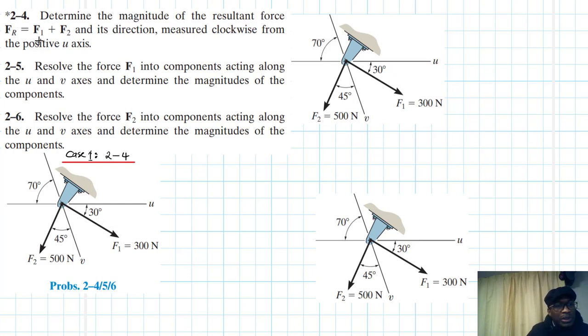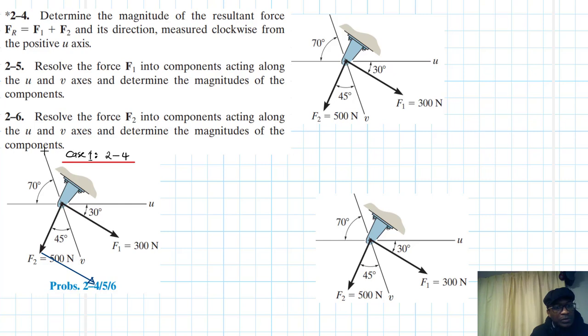So let's draw the parallelogram. I'll draw one vector parallel to F1 and another vector parallel to F2. Let's start with F1. So this one, something like this. This is parallel, right?